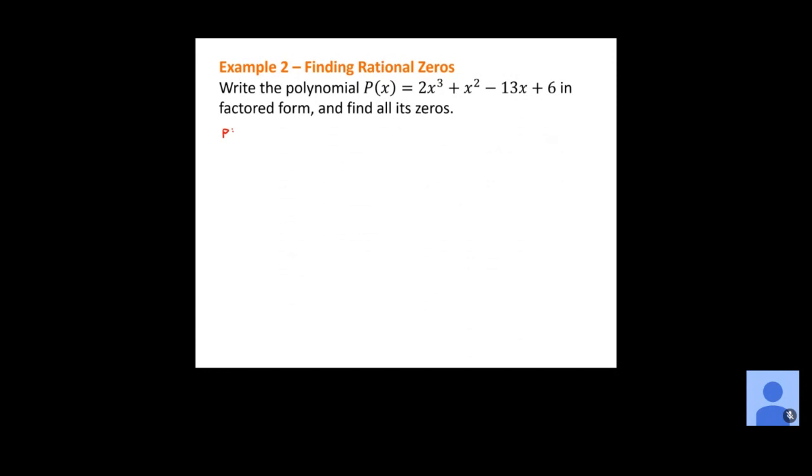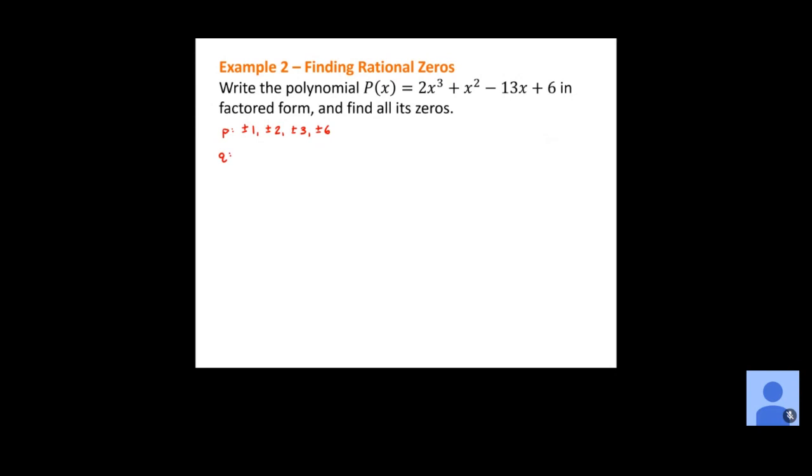Good, right? So our factors of 6 are either 1 and 6 or 2 and 3. And like I said before, always put plus or minus. Good. So we're going to have plus or minus 1, plus or minus 2, plus or minus 3, and plus or minus 6. Those are all the factors of 6. All right. Now let's look at our Q values.